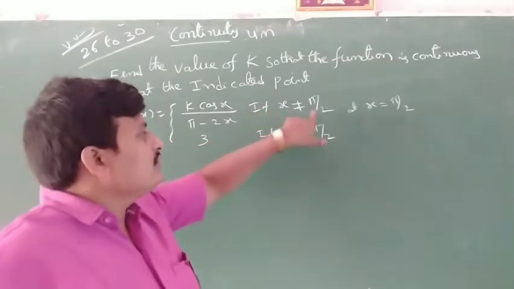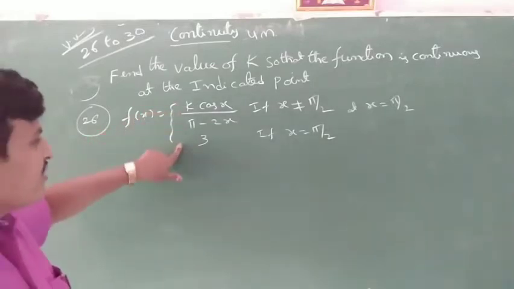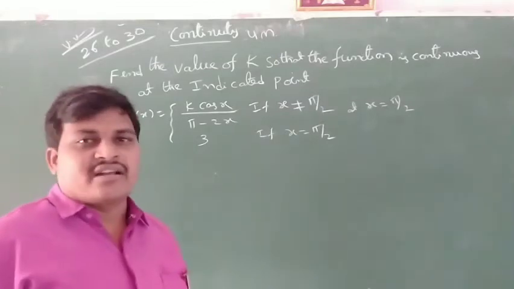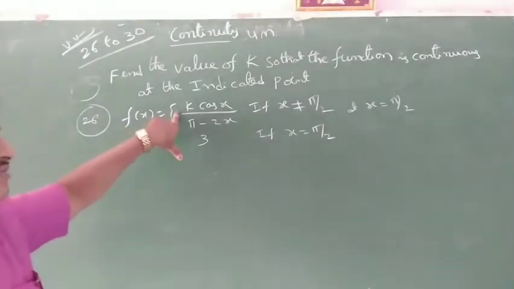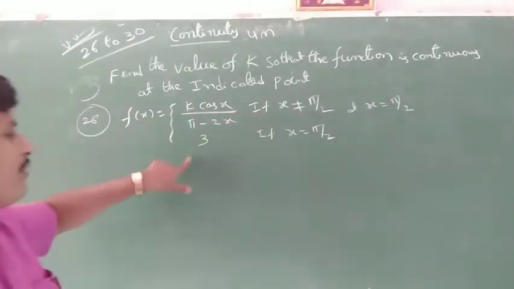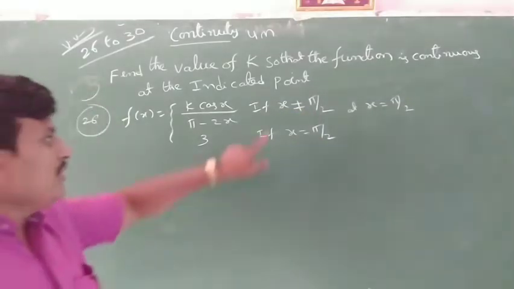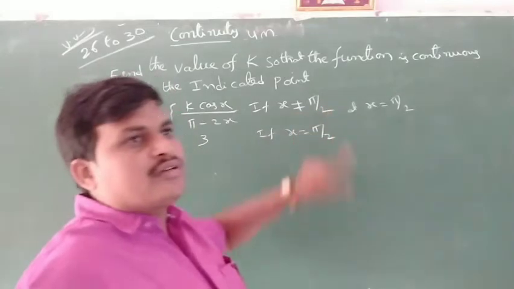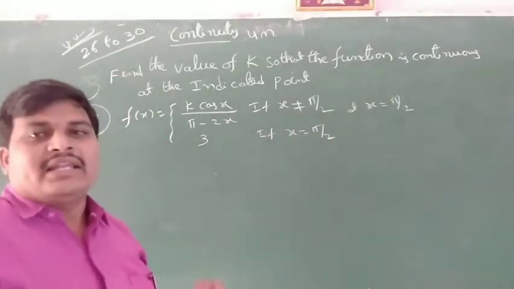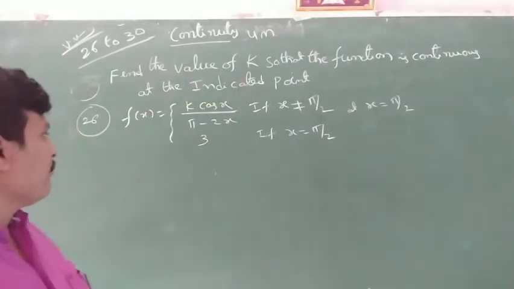LHL or RHL means deciding the function: of the given two or more functions, which function is taken. This function is the same, means the value is also the same. For problems of the type x not equal to pi by 2, x not equal to 1, x not equal to 0, maximum 90%, don't do LHL RHL. Take the direct function limit.